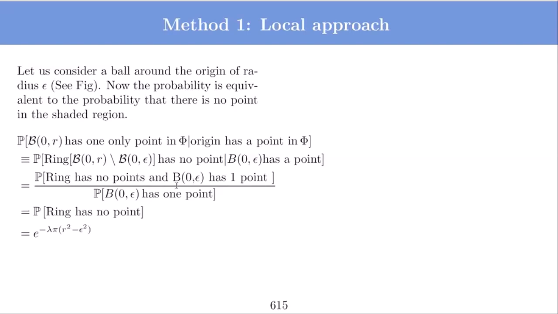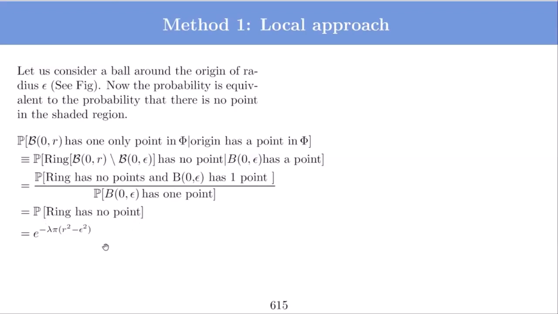So we have learned that the Poisson has this area independence property. So if there are two disjoint sets and you talk about what is happening in those sets, the probabilities would be independent. So this will be equal to probability that ring has no points multiplied by probability that ball 0, epsilon has one point. The numerator and denominator will cancel. So this will be just equal to the probability that ring has no point. Okay.